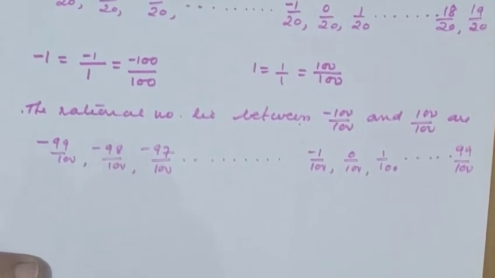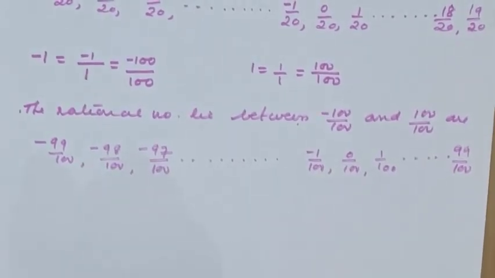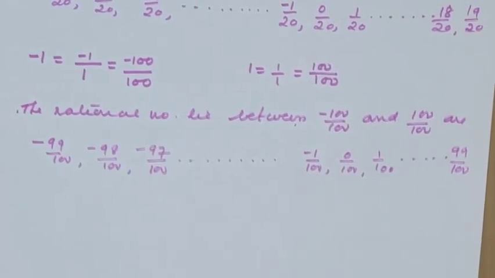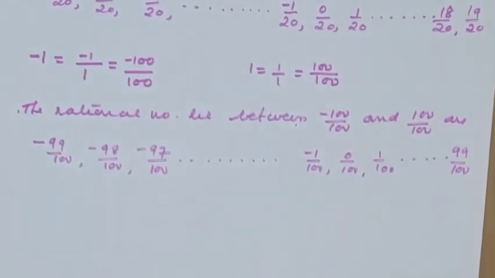So what is the conclusion we are getting from this? We can find as many rational numbers as we want between two rational numbers. What is the conclusion?